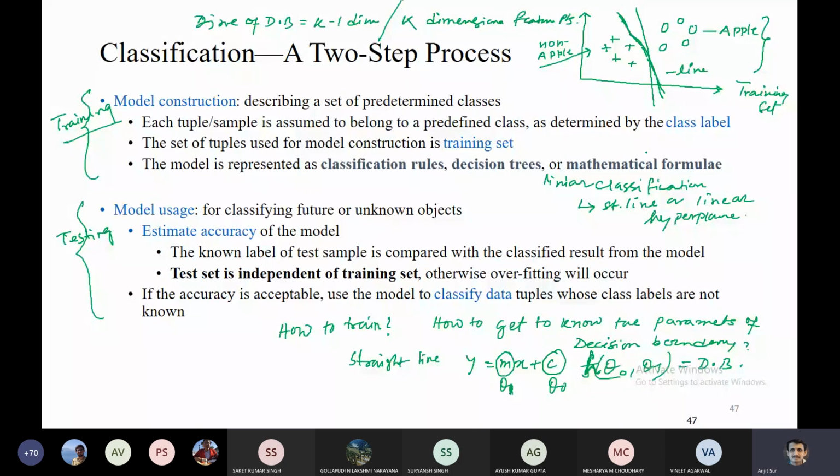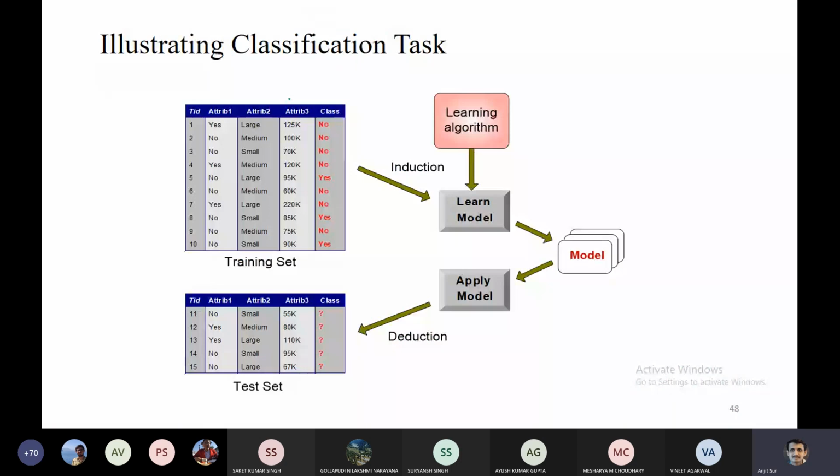So this is called training and this is called testing. Now actually after training, we can classify novel and new data examples. So this is basically a two-step process. Here you can see some illustration is given. Now you see that these are the training samples.